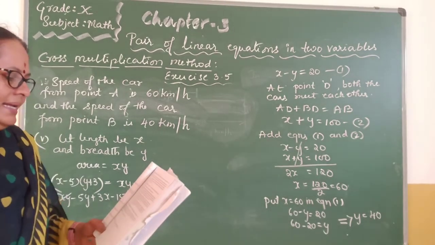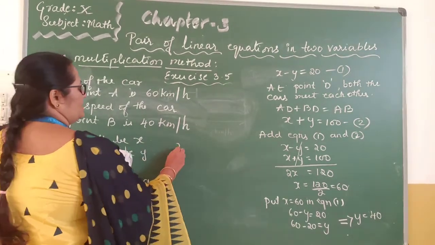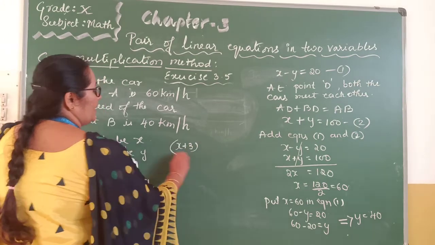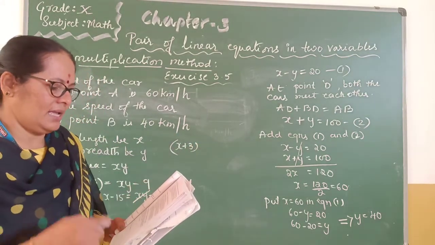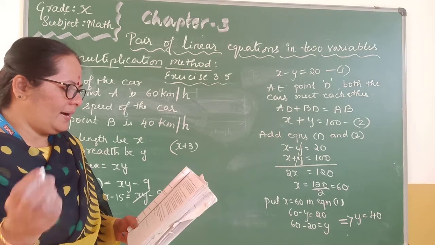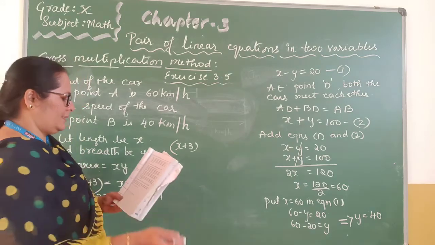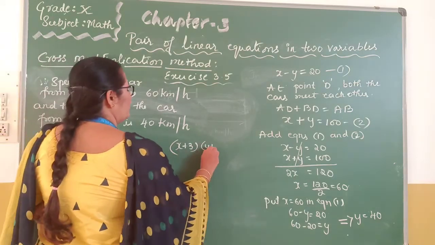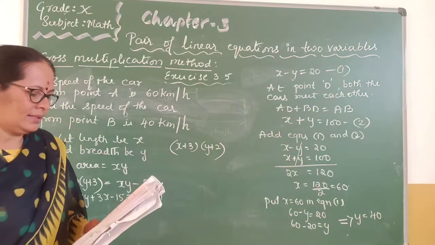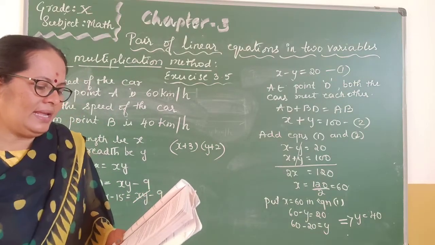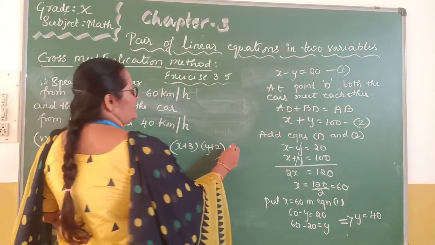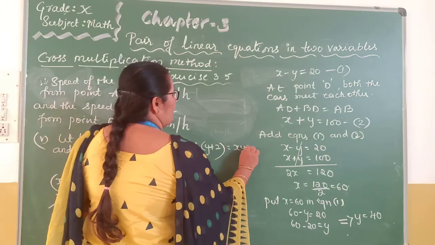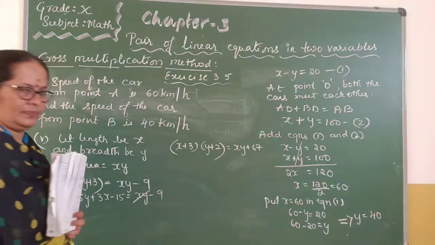If you increase the length by 3 units, that is x plus 3, and breadth by 2 units, then the area increases by 67, that is xy plus 67.